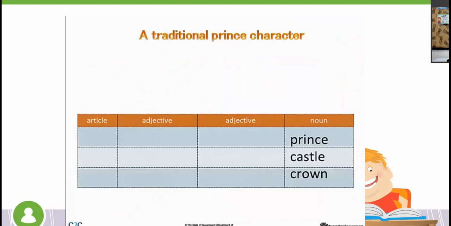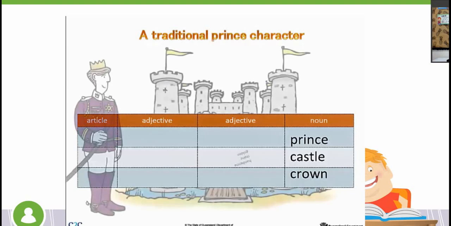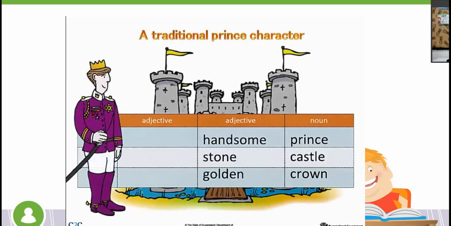To make nouns more interesting, we can expand the nouns into noun groups. A noun group is a group of words building on a noun. If we start with a noun, prince, castle, or crown, we can add an adjective to build meaning. Let's look at these nouns and see if we can build their meaning by thinking of adjectives to describe them. What sort of prince? The prince is handsome. What sort of castle?